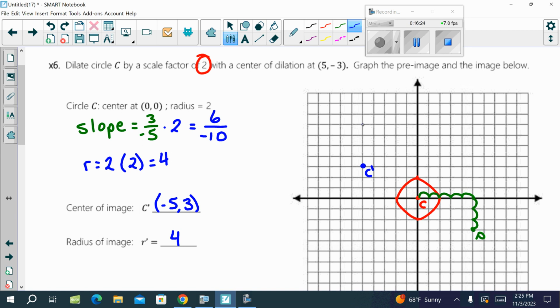I'm going to put little dots 4 away. And I'm going to make my rounded square. Very cool. Any questions there?